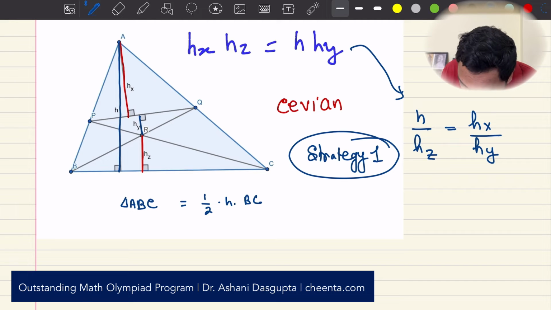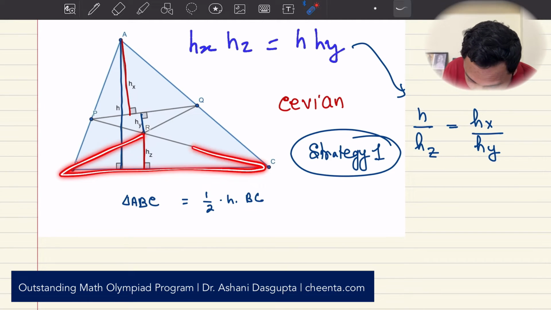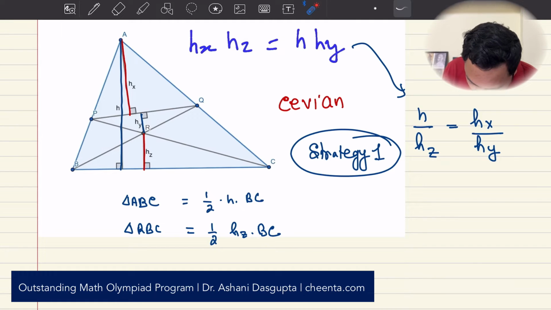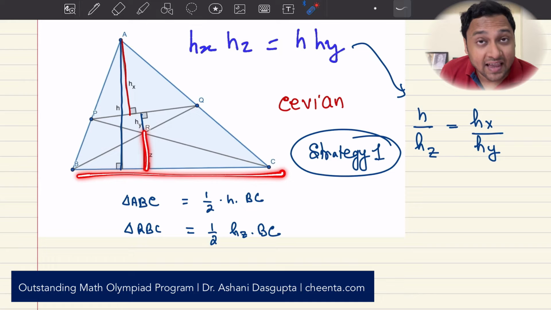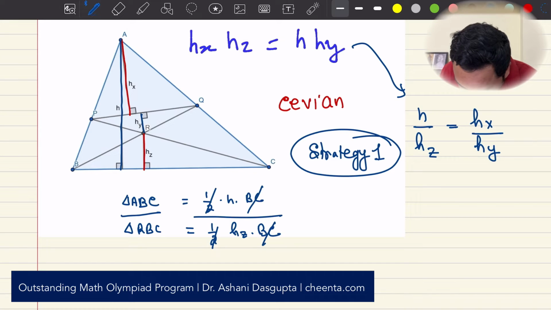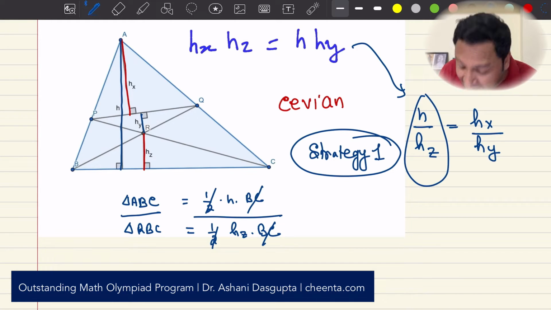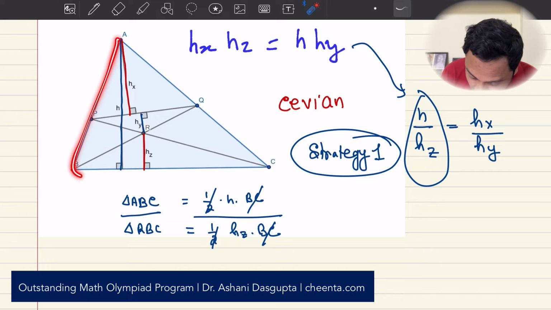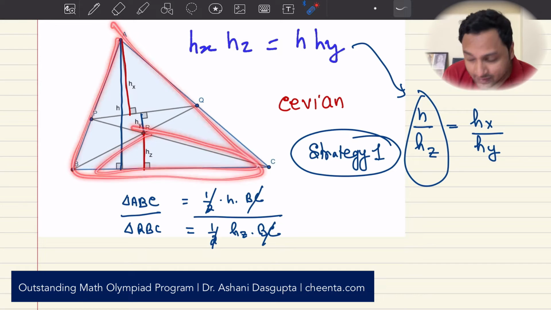And for triangle RBC, the area is half HZ times BC. Again, height times base times half. If I take the ratio of them, the half cancels, BC cancels. So you see, H by HZ is simply the ratio of ABC by RBC, the big triangle divided by the small triangle.